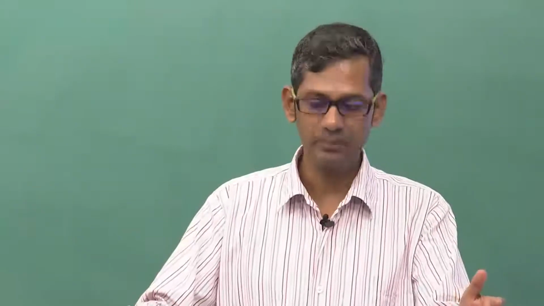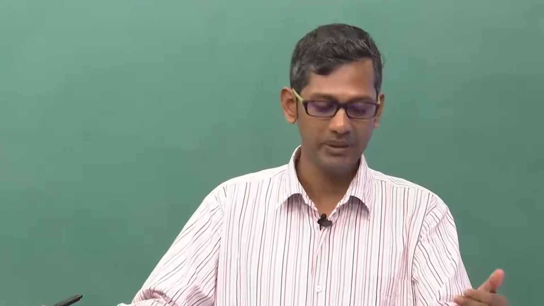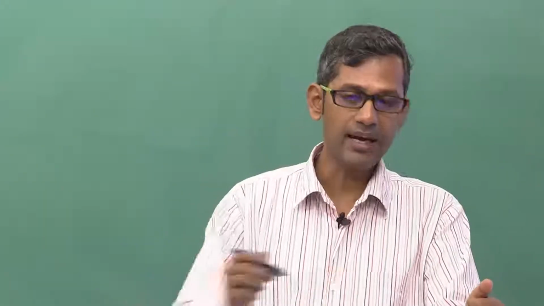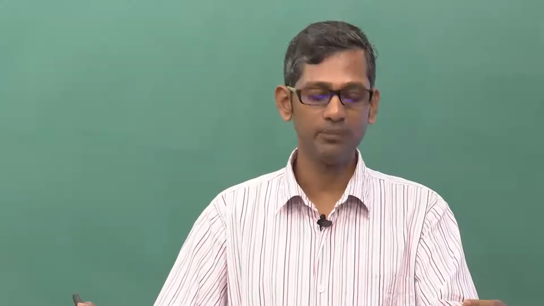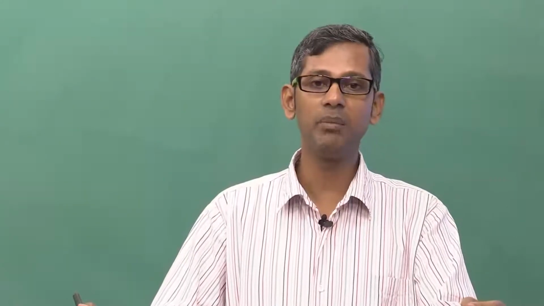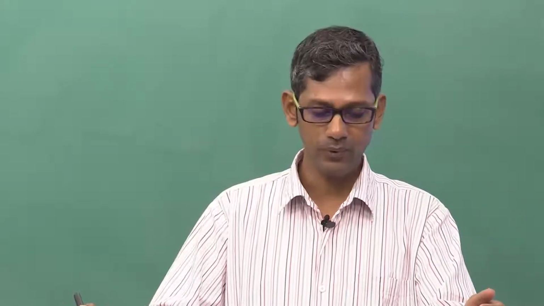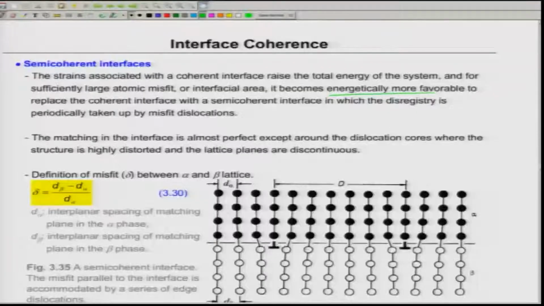So, let us first describe, because we need to go into different formalisms, what we mean by misfit. Misfit obviously comes from the difference of the interplanar spacing. As you see, delta is always defined as the symbol for the misfit. It is defined as d beta minus d alpha by d alpha. Here d beta is the higher value, the atomic spacing is higher for d beta.